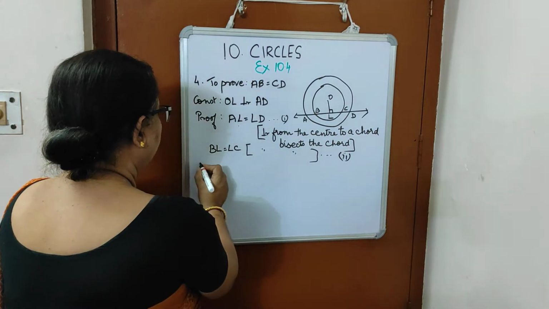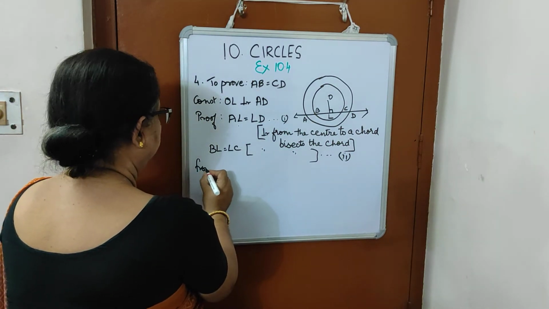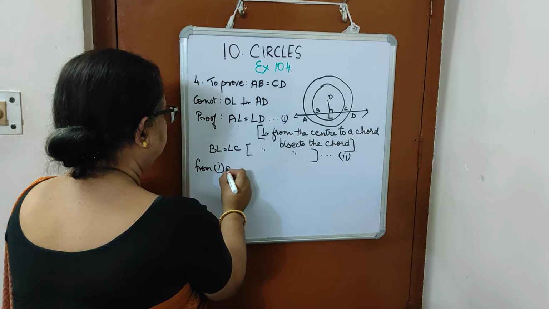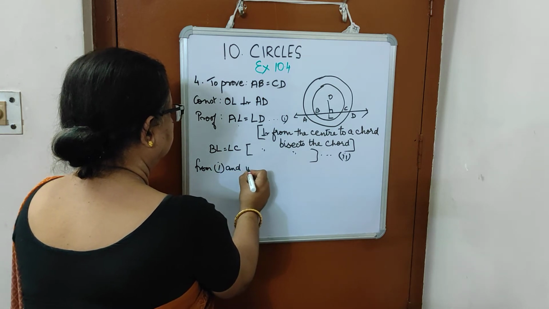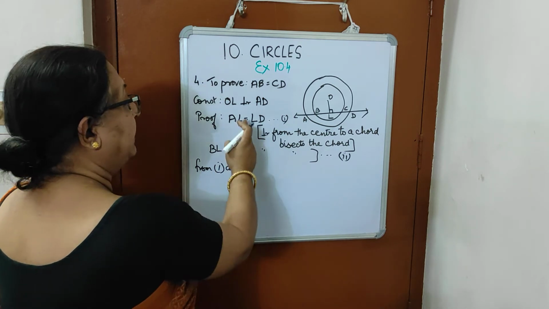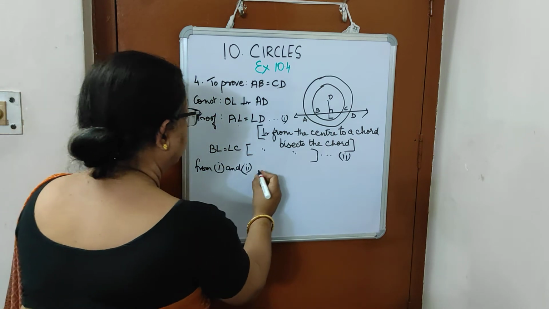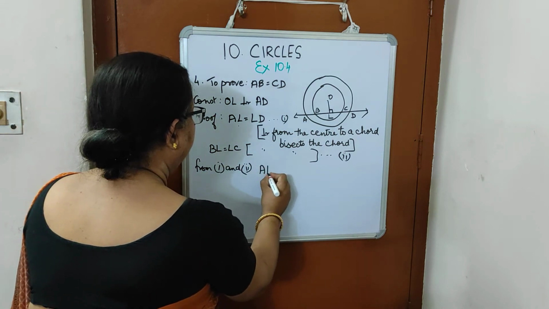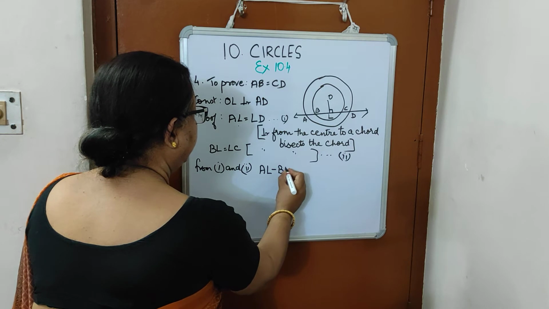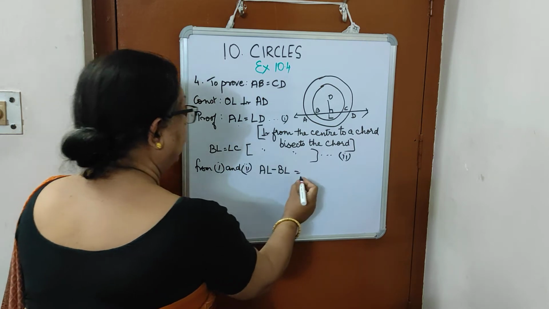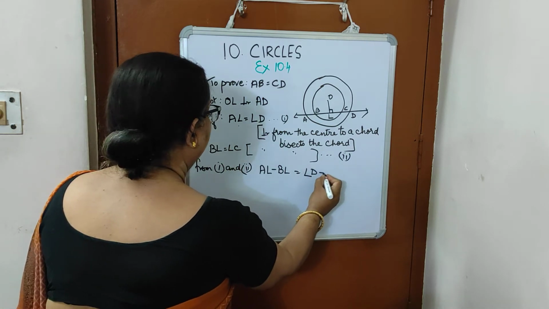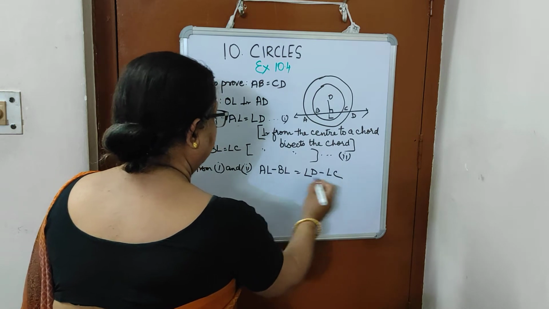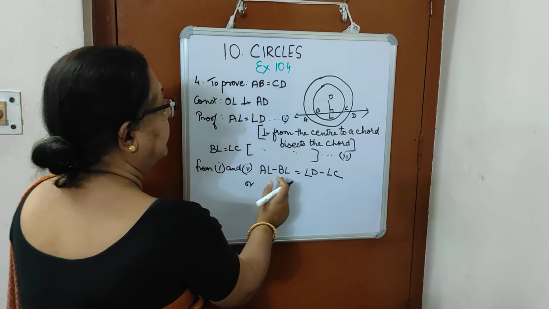From 1 and 2, we can subtract the two equations. So what you have, AL minus BL will be equal to LD minus LC. What is AL minus BL?